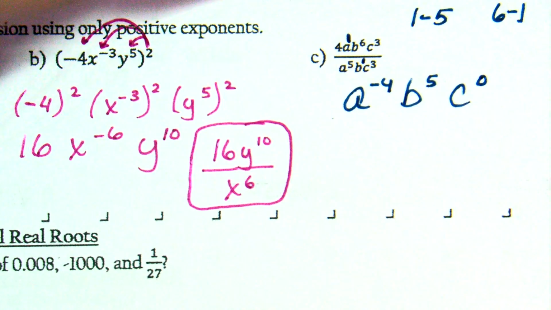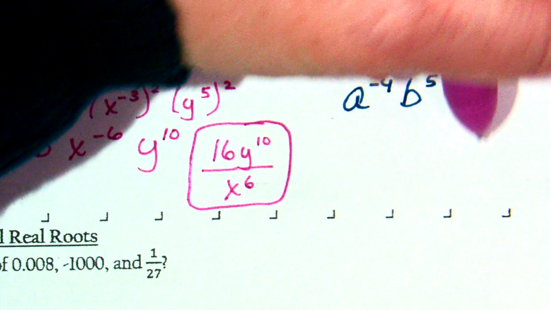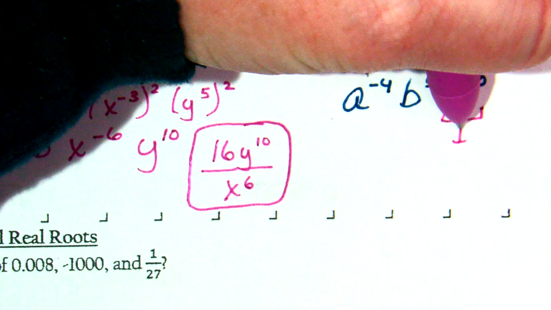Now, I also heard the comment they cancel. If you have identical on top and bottom, can we also think canceling out? We can, because here's the deal. When we get to our next step, c to the 0, what is anything raised to the power of 0? 1. So this c to the 0 is going to become a 1 in the next step.